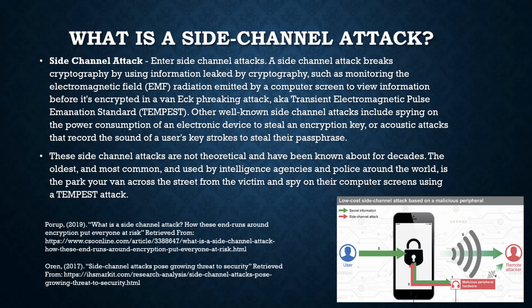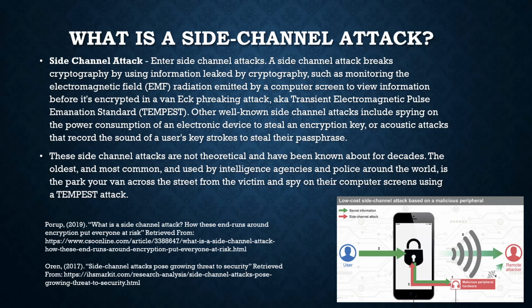Other well-known side channel attacks include spying on the power consumption of an electronic device to steal an encryption key, or acoustic attacks that record the sound of a user's keystrokes. These side channel attacks are not theoretical, and they've been known for a long time. The oldest and probably the most common, used by intelligence agencies and police around the world, is where they park the van across the street from a victim and spy on their computer screens using a Tempest attack.